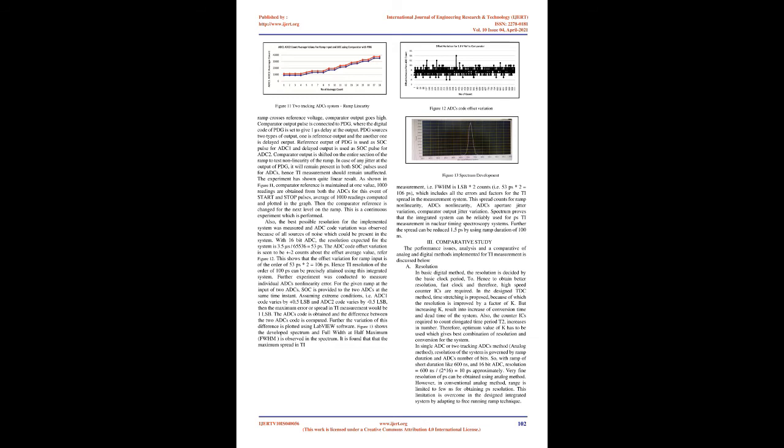In the TDC method, time stretching is proposed, because of which the resolution is improved by a factor of k. But increasing k results in increase of conversion time and dead time of the system. Also, the counter ICs required to count elongated time period T2 increase in number. Therefore, optimum value of k has to be used which gives best combination of resolution and conversion for the system.